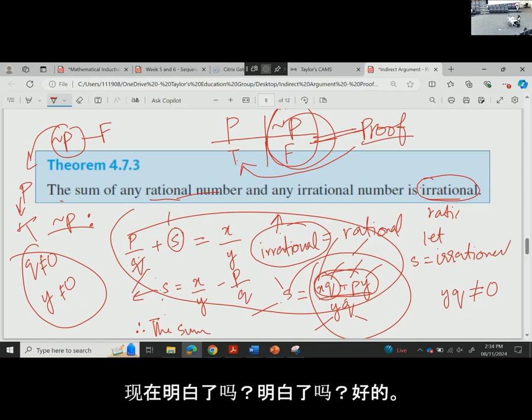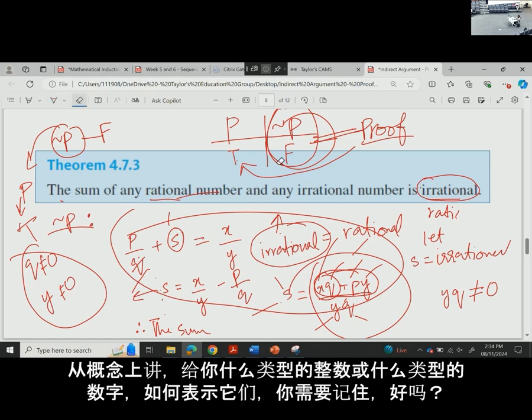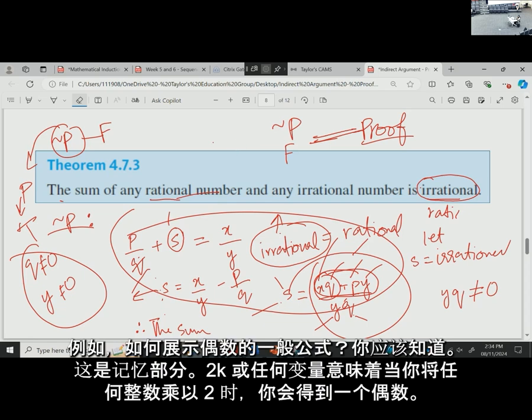Yes? Okay. Conceptually, what type of integers or what type of numbers are given to you, and how to represent them, that you need to memorize. For example, how do you show a general formula for even integers? You should know that.